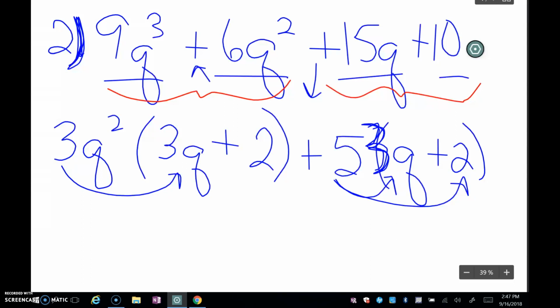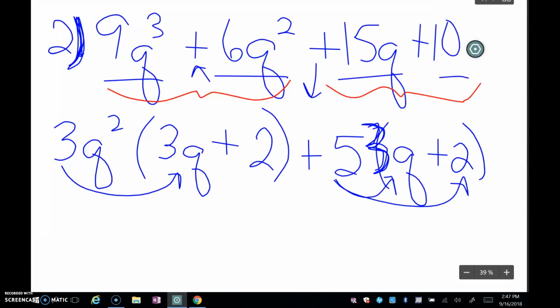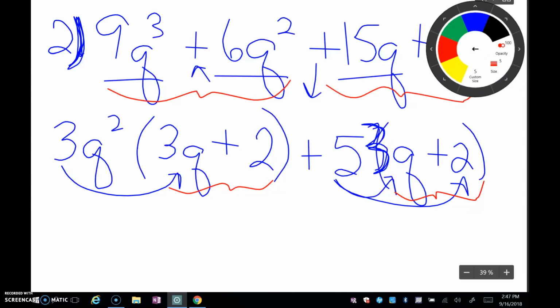What you see happening now is that I do have the expression 3q plus 2 that is common to both terms, so I have to factor that out, which I'll do now.